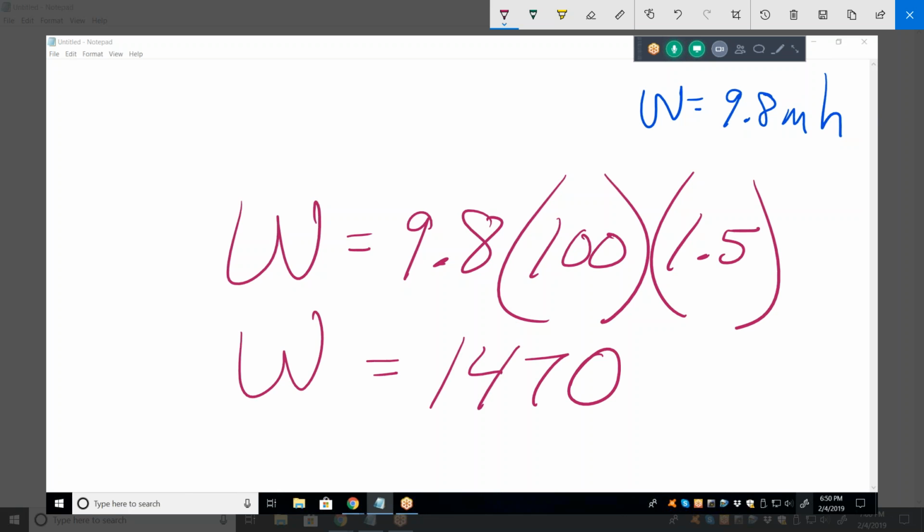Now, units. They only complicate the issue. They don't make it easy. If you assume that they're not going to mess with you by giving you something in foot-pounds and the other in meters. That's messing with you if they mix up your units.